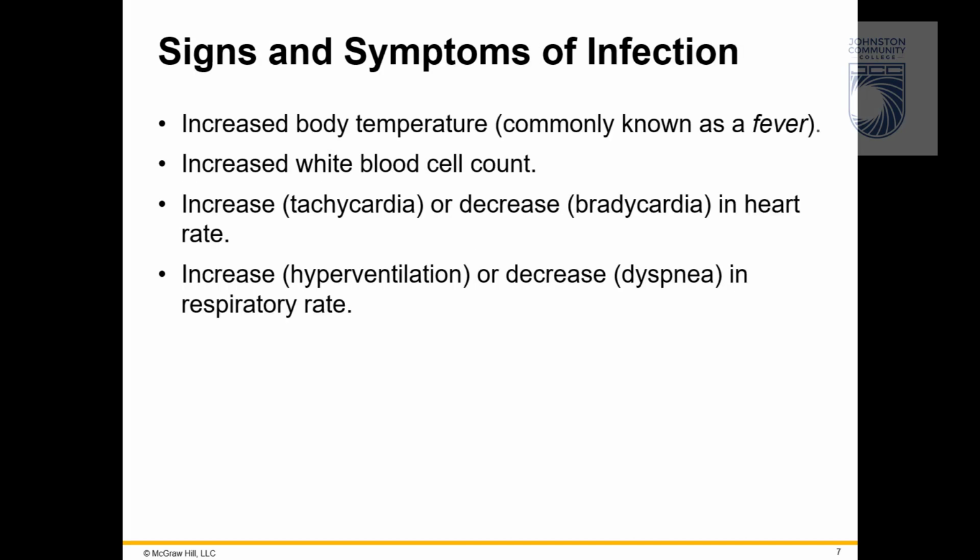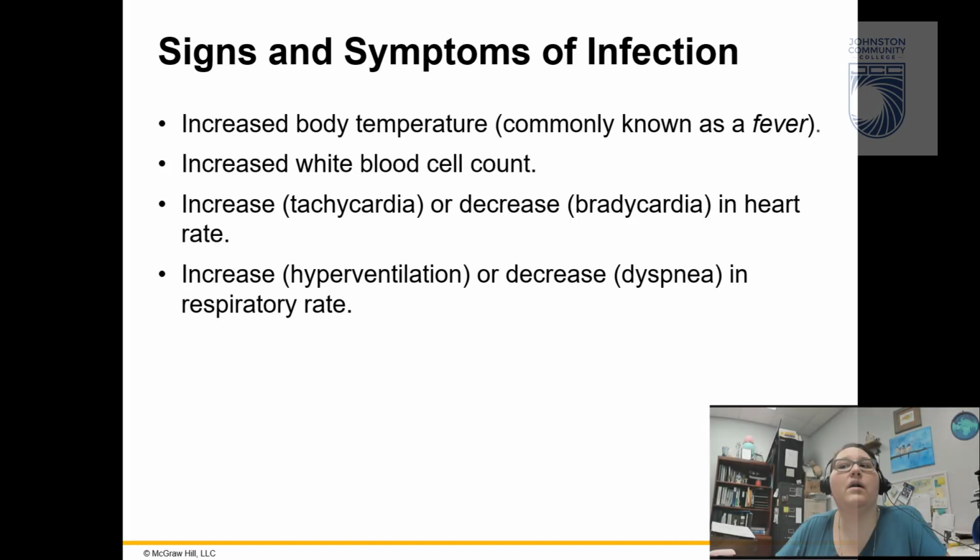Signs and symptoms of infection: increased body temperature, known as a fever, increased white blood cell count, increased tachycardia or decreased bradycardia in the heart rate, increased hyperventilation or decreased dyspnea in respiratory rate. These are all important to know, because if we do have a viral infection, then these are common signs and symptoms.